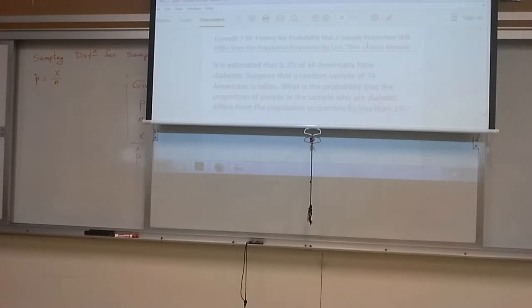So that's the mean of the X's. But I actually wouldn't even mess with that. You don't need it. You just need P hat. So you figure out if you're going to be off from this value by no more than 1%, that's 0.073 to 0.09. So those are your P hats.